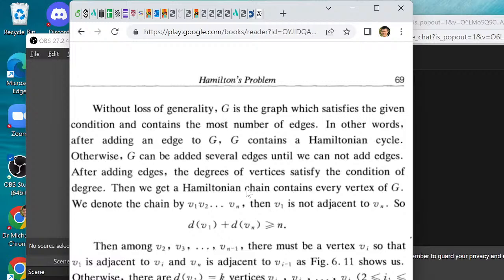It doesn't seem right. Well, then when you get the chain, you apply the condition, you get a cycle. Then what do you do? Now loss of generality. Yeah, what's with the adding of edges? Keep adding edges to the graph.